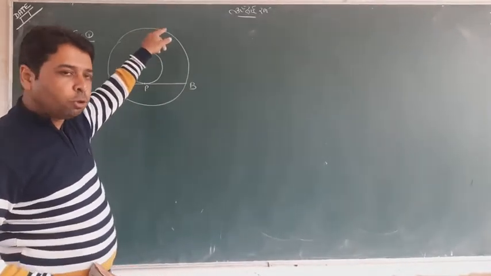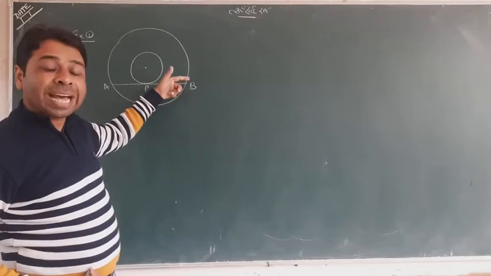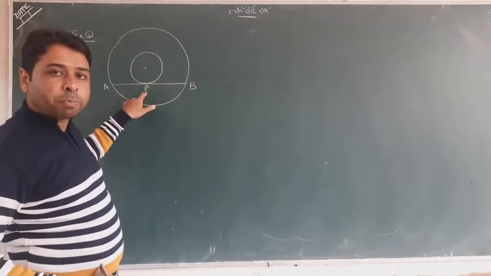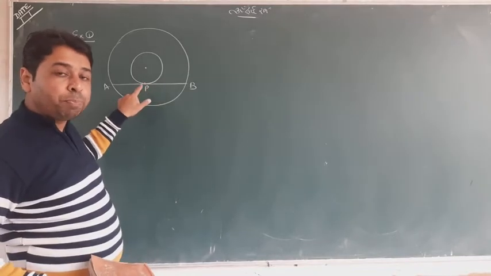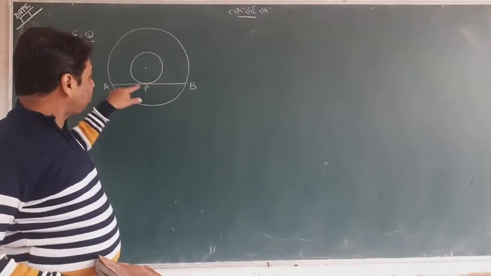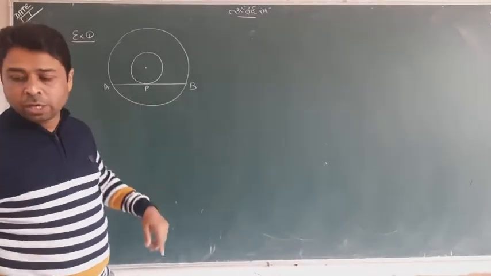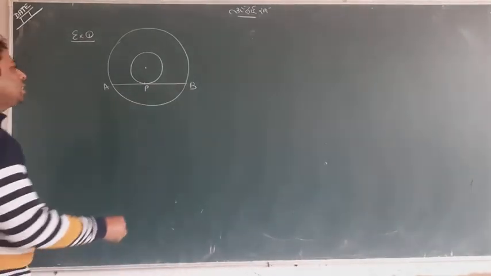So we have to show that the line AB, which is a chord of the larger circle and touches the smaller one at P, is bisected by P, meaning AP is equal to BP. I don't think I need to repeat it again and again.